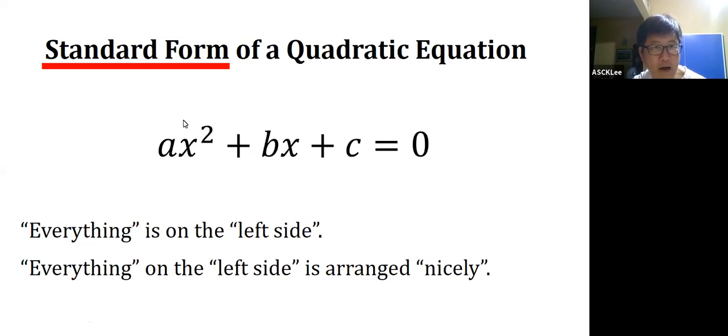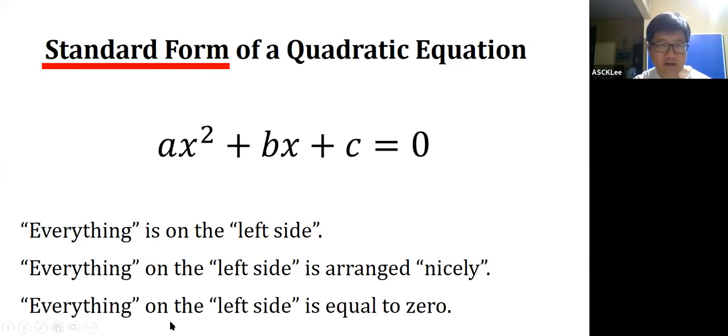The highest power of x, which is x squared, comes first, then the x term, and then the constant. This is the second characteristic of the standard form: everything on the left side is arranged in a certain order. Now the third one is this: everything on the left side is equal to 0 on the right.